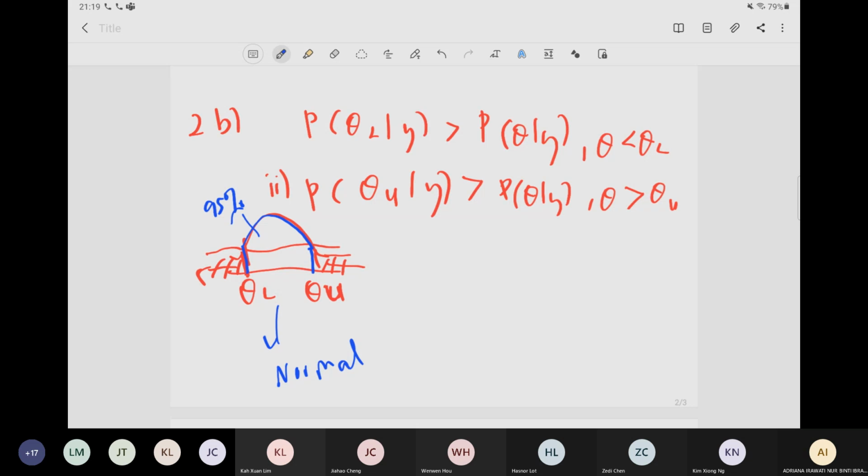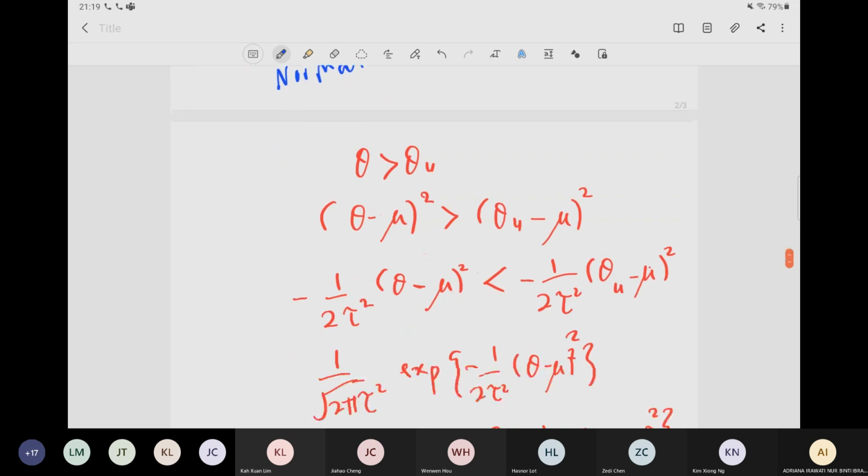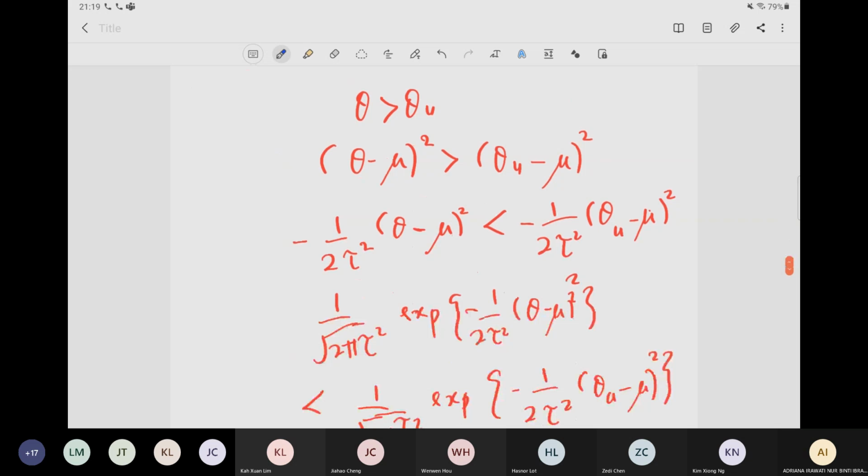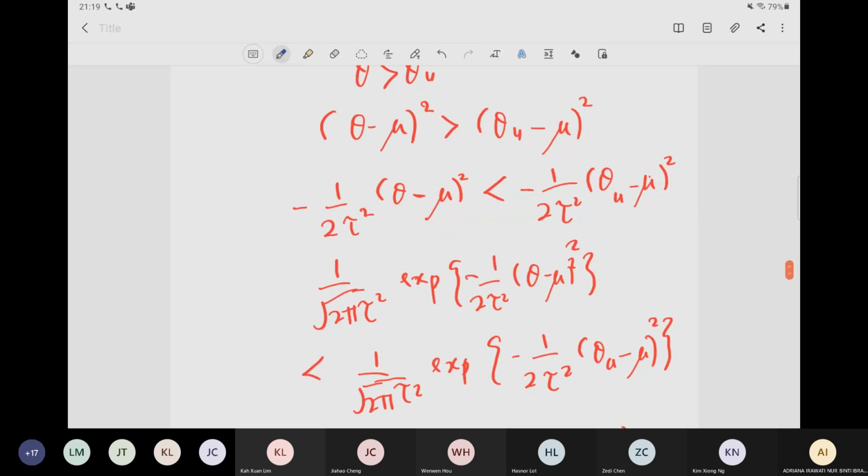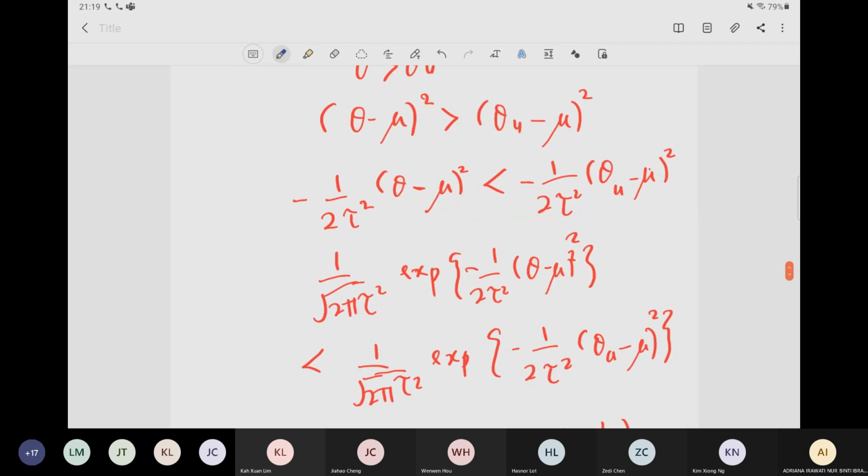This argument works only because this is a normal PDF. But you can actually use it for the T distribution, because T is unimodal and symmetric.